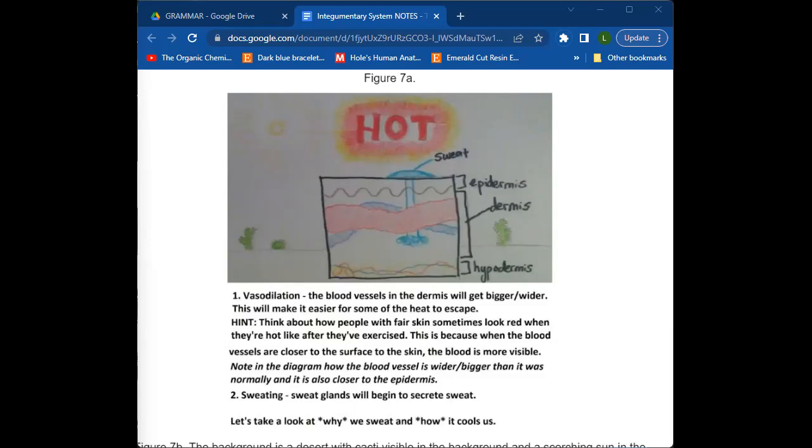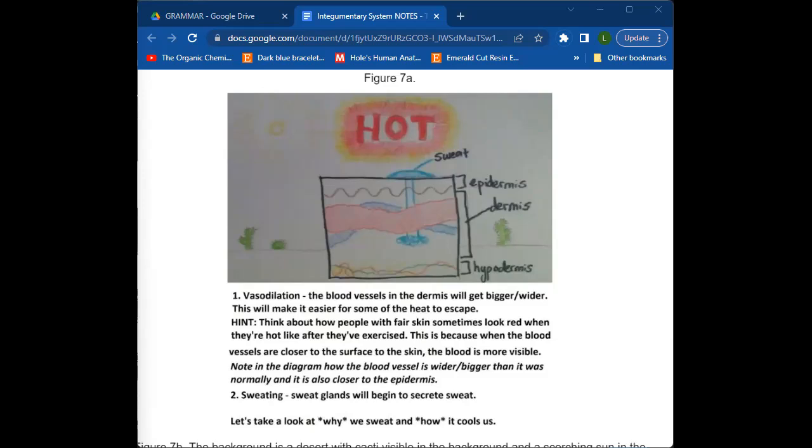So, the vasodilation is where the blood vessels in the dermis are going to get bigger and wider, and this will actually make it easier for the heat to escape. You can think about how people with fair skin may tend to look more red in the face when they're hot or after they've exercised, and that's because of the vasodilation.